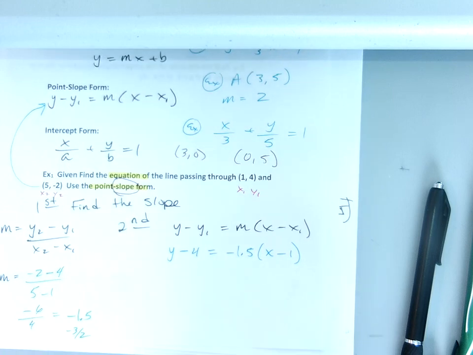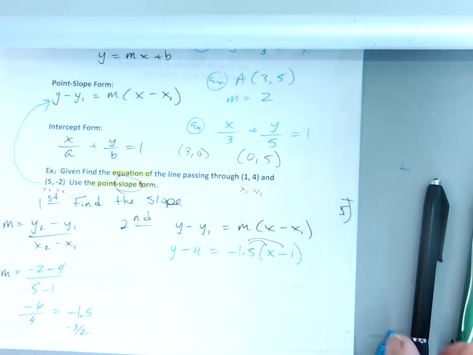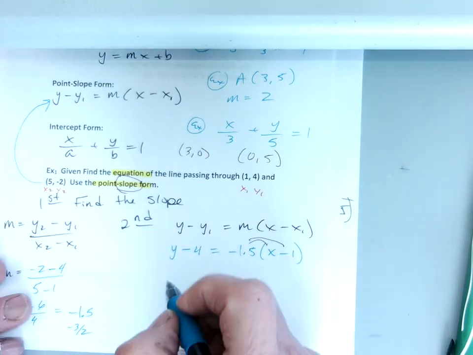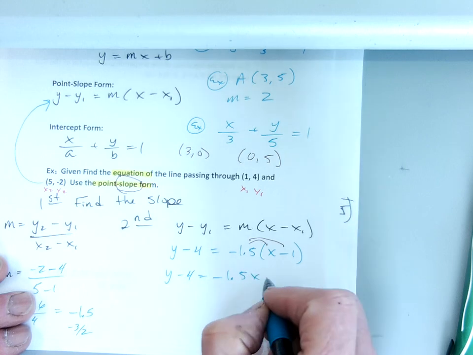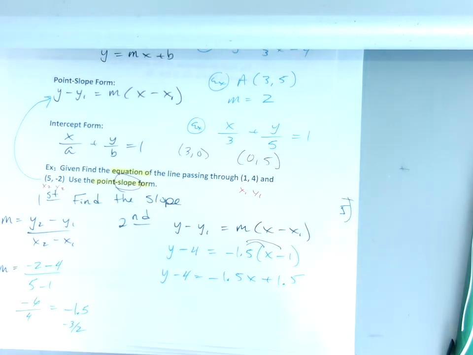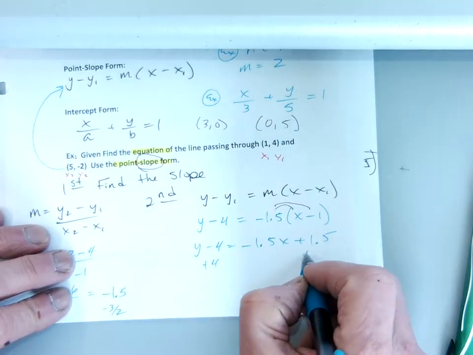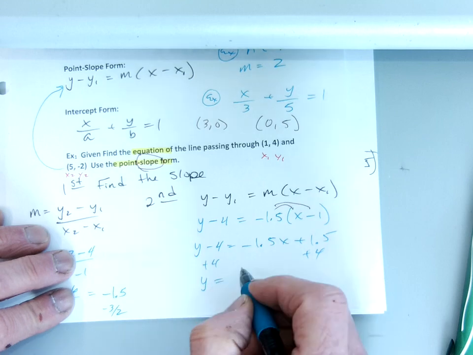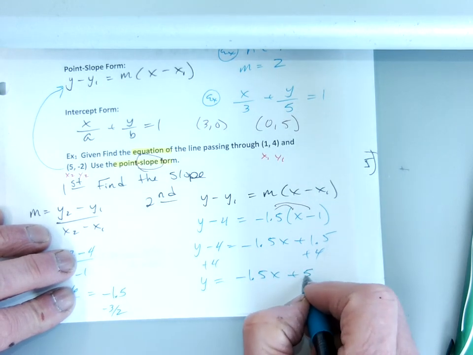I'll distribute, and I'll have y minus 4 equals negative 1.5x plus 1.5, plus 4. So y equals negative 1.5x plus 5.5.